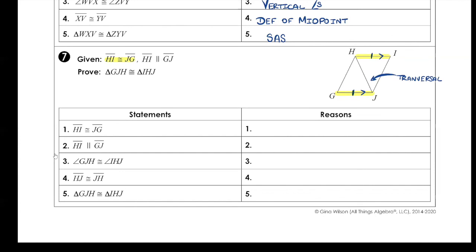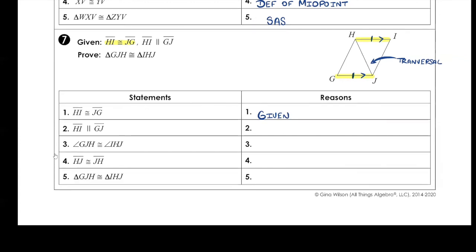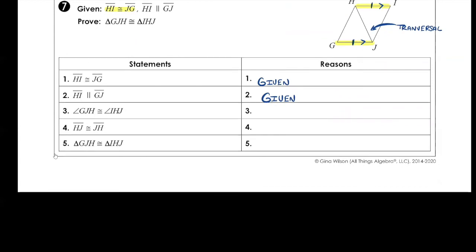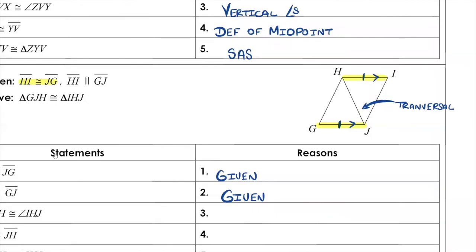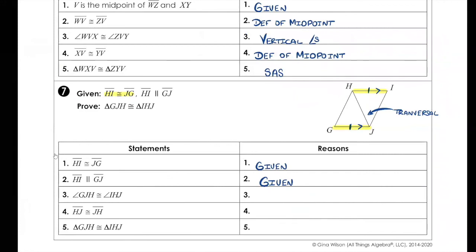So how did we know HI was congruent to GJ? Given? How did we know they were parallel? Also given? How do we know that angle GJH is congruent to angle IHJ?